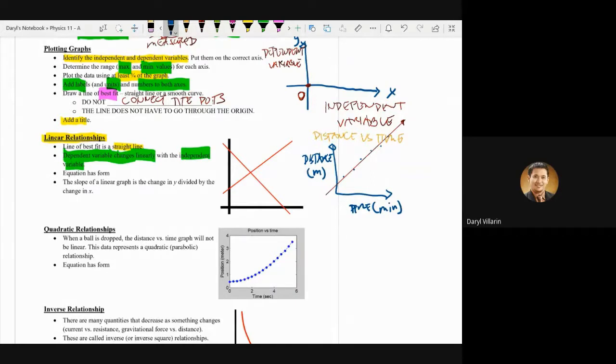And if you can remember, the equation is given as y is equal to mx plus b, wherein m is the slope and b is the y-intercept.